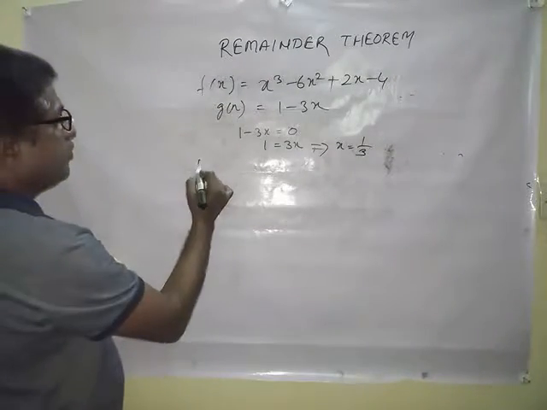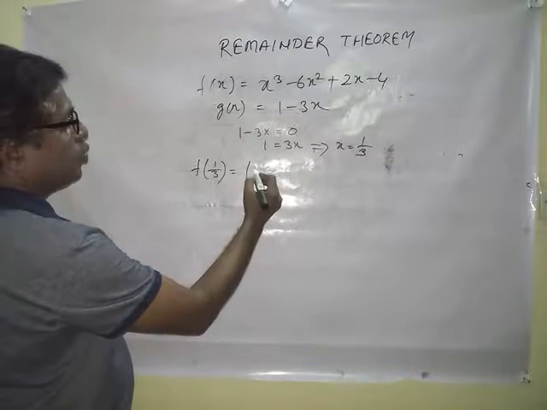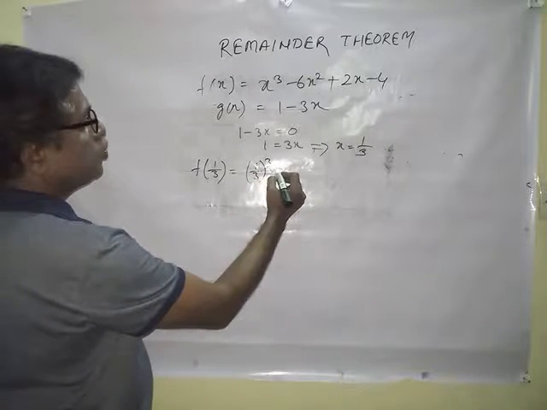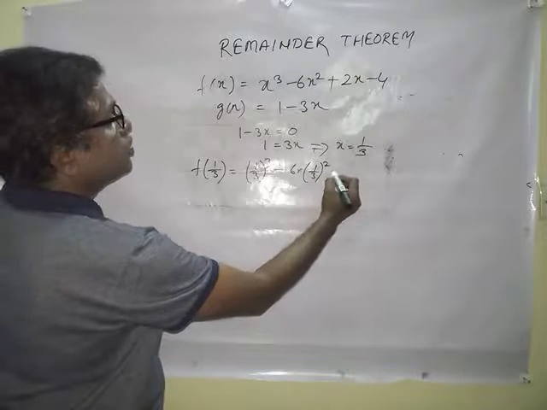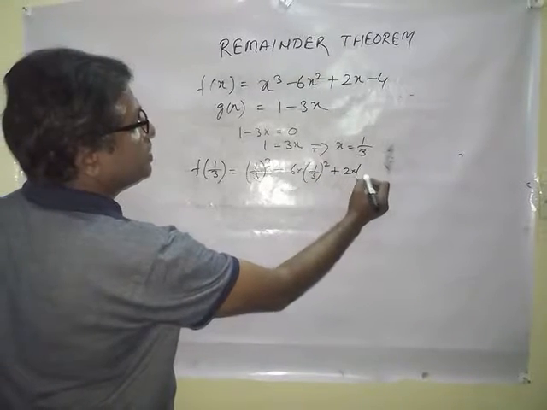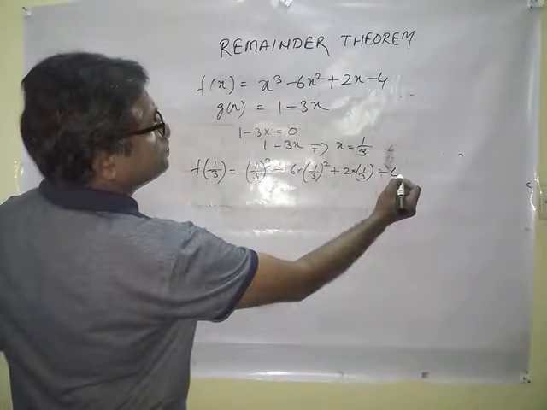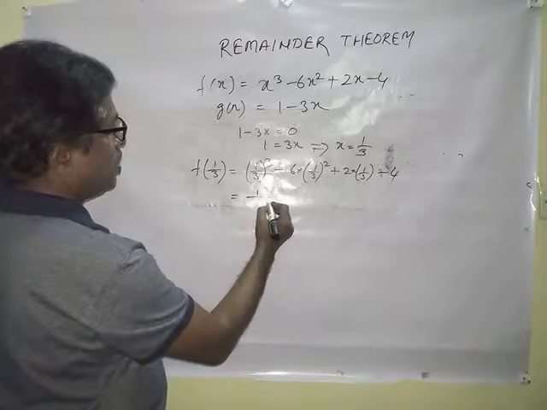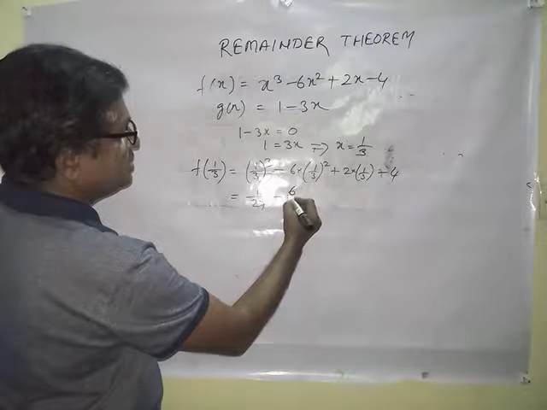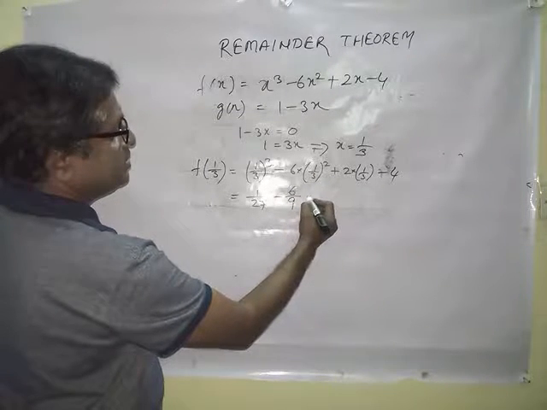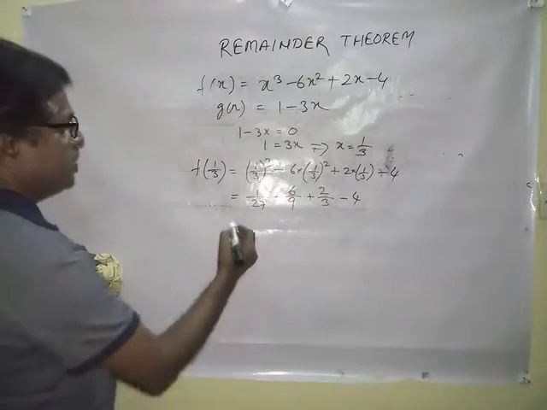Now find out the value of f(1/3): (1/3)³ − 6 multiplied by (1/3)² + 2 multiplied by 1/3 − 4. That is 1/27 − 6/9 + 2/3 − 4.